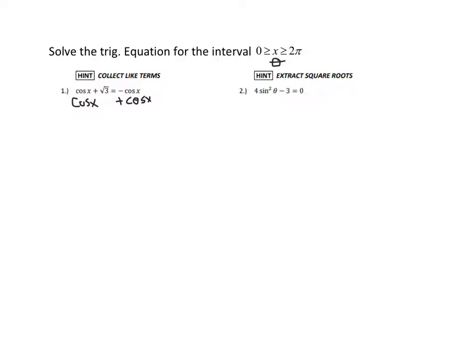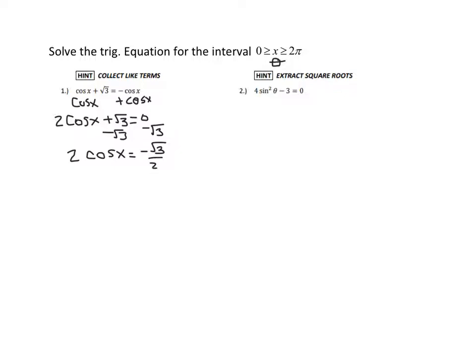And when I do that, I'm going to get 2 cosine of x plus square root of 3 is equal to 0. Then I'm going to subtract square root of 3 on both sides. That gives me 2 cosine of x is equal to negative square root of 3.